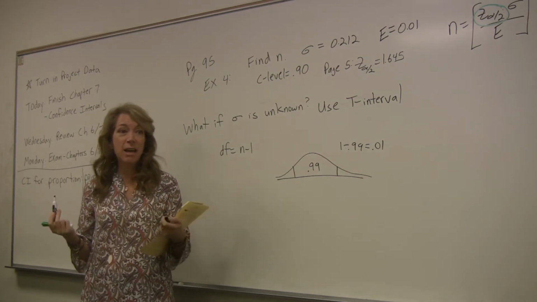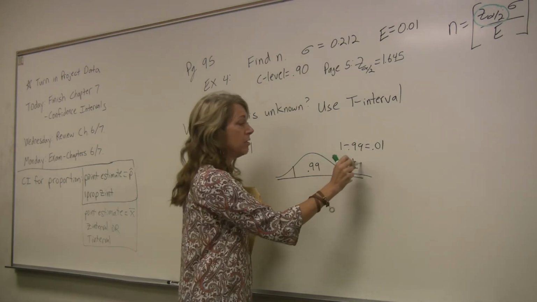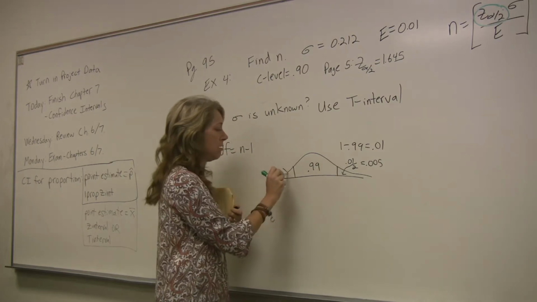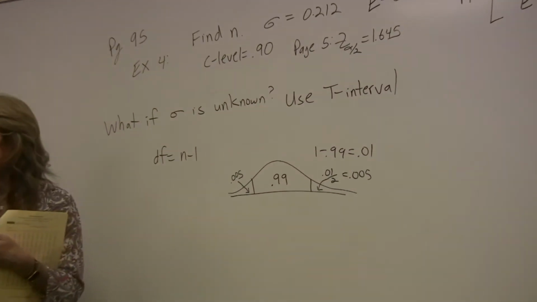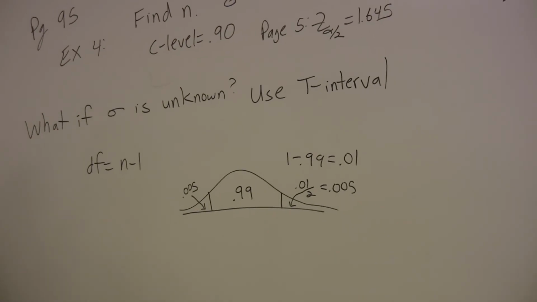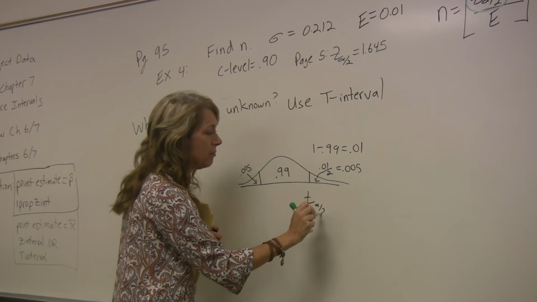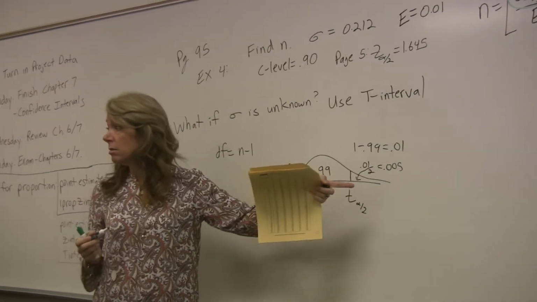So how much is in each tail? 0.01 divided by 2, or 0.005. 0.005 in here, and 0.005 in here. We're looking for the critical value, but now that we're working with T's, it's not a Z, it's a T alpha over 2. But it's still the same thing, the critical value with this much area in the tail.